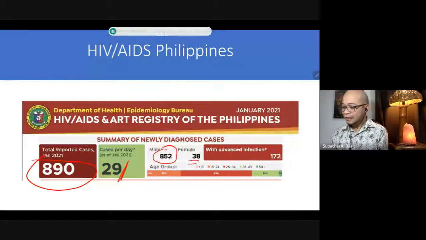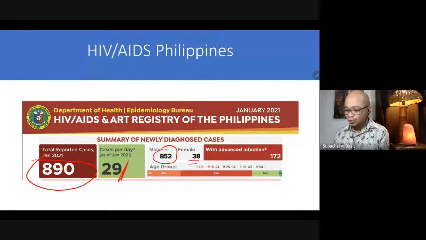And the main age group here is actually 15 to 34 years of age. This is the most common age bracket.